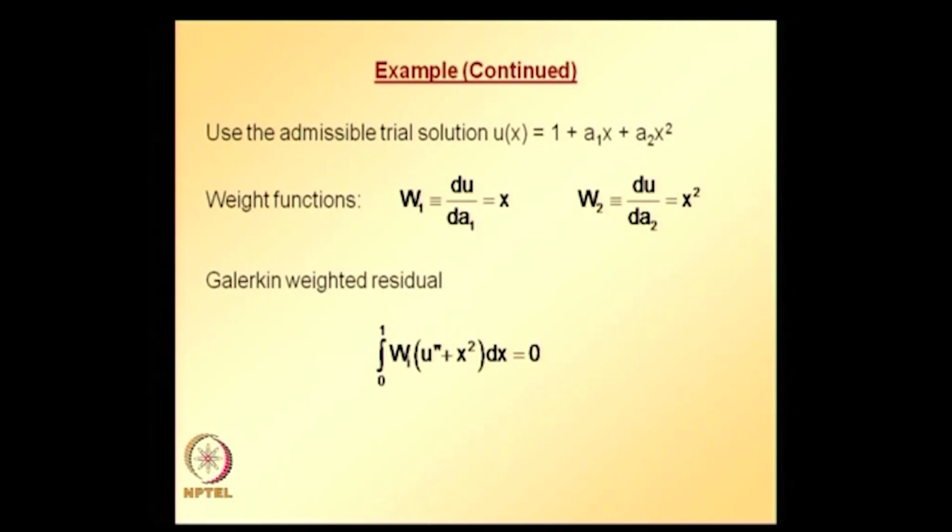As I mentioned in the previous problem, you need to be very judicious in deciding how many times you want to use integration by parts, because we do not want to differentiate the weight function also too many times.